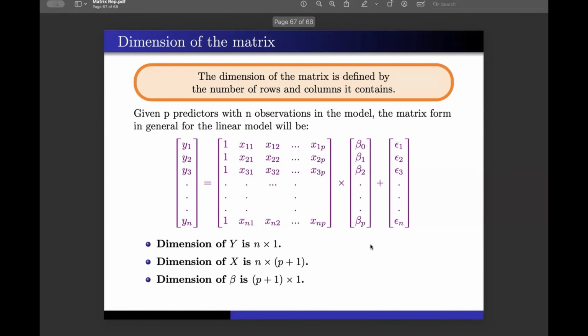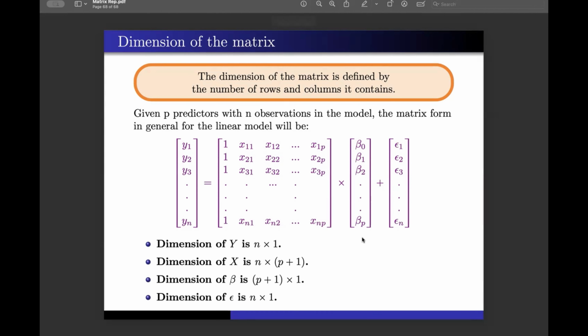Now to write the dimension of beta, we need to understand the coefficient matrix beta. Here we have p betas because of those p independent variables plus an additional beta naught. And thus the dimension of beta consists of p plus 1 rows and just one column, because at the end we have stacked all those betas into one column.